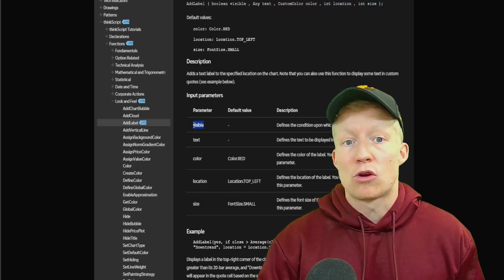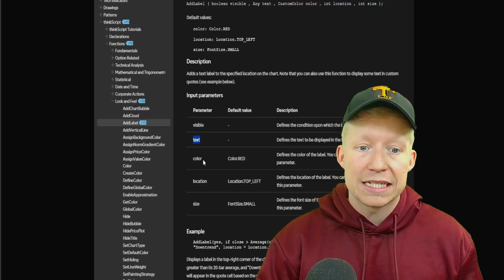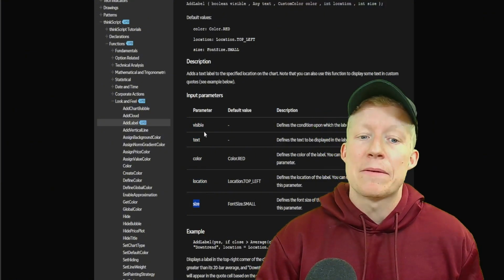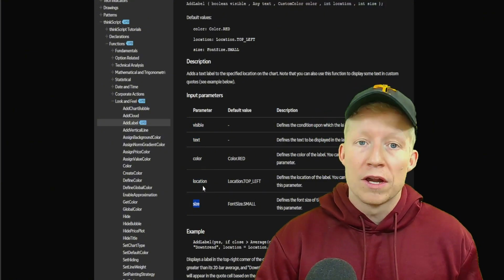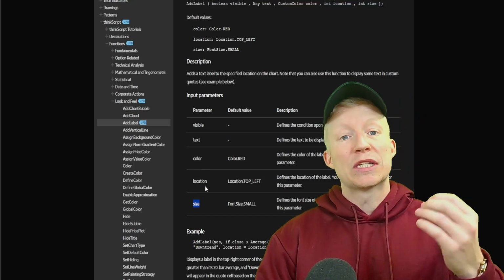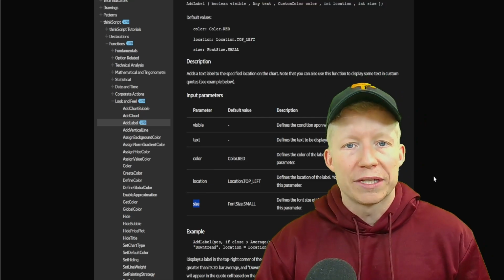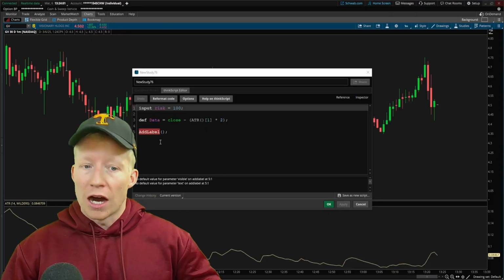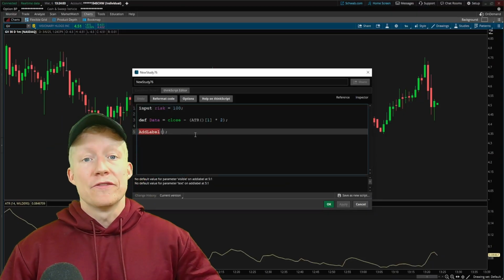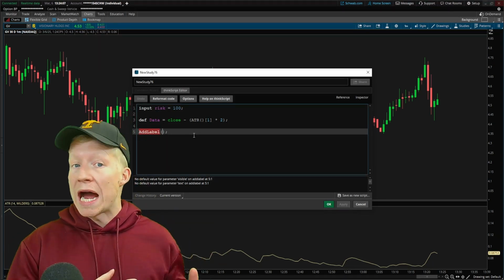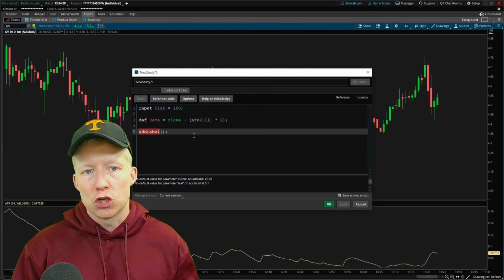Add label accepts parameters of visible, text, color, location, and size, and it accepts them in that order. Just wanted you to see this so that when we build out this function, you have an understanding of what we're doing. Remember, the first parameter of the add label function is visibility. This is where you can enter conditions for why the label should show versus why it shouldn't show.